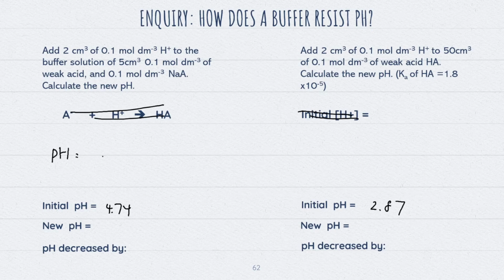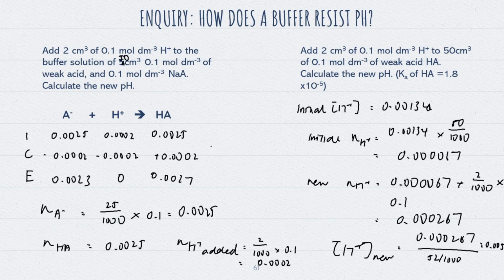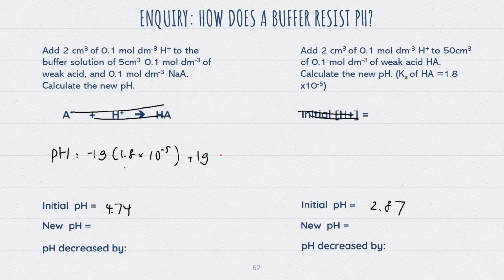So pH equals pKa again. The pKa will just again be negative log of A times 10 to the power of -5, plus log salt over acid. If you want to look back at the previous, your salt now is 0.0023 and acid is 0.0027.